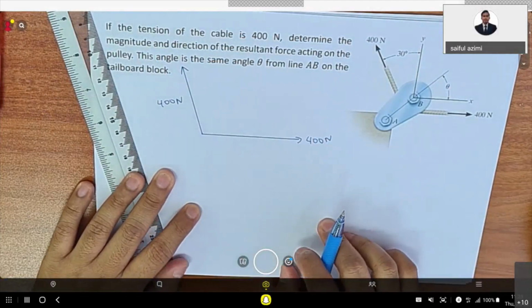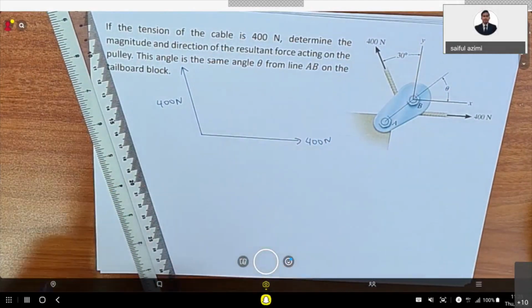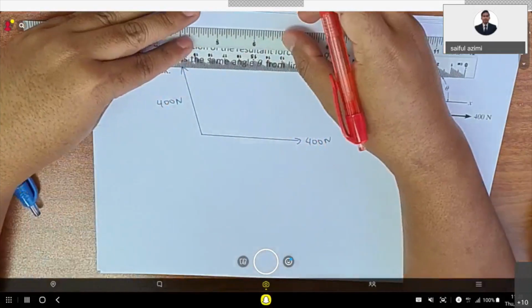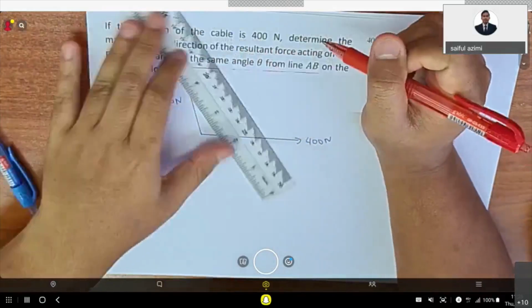As usual, you should draw your parallelogram.